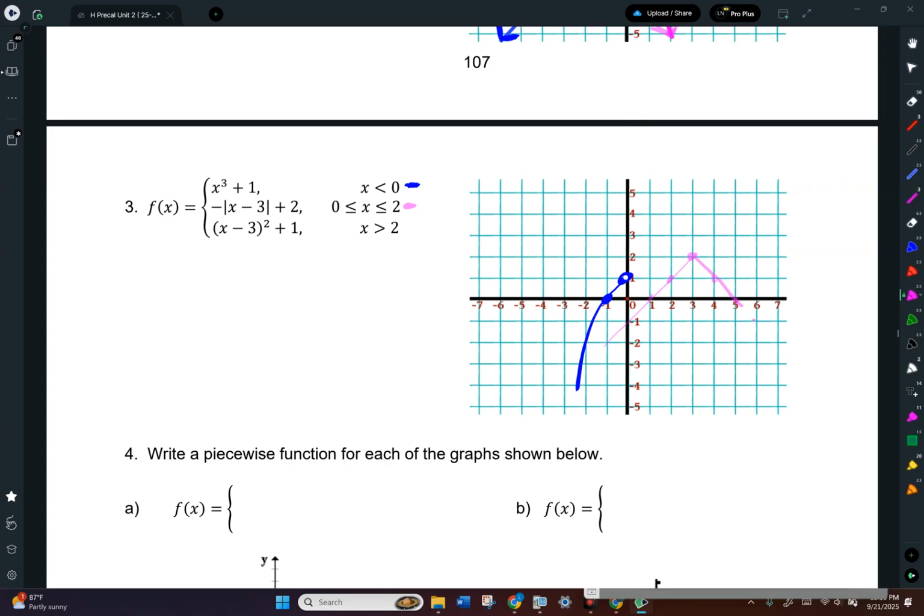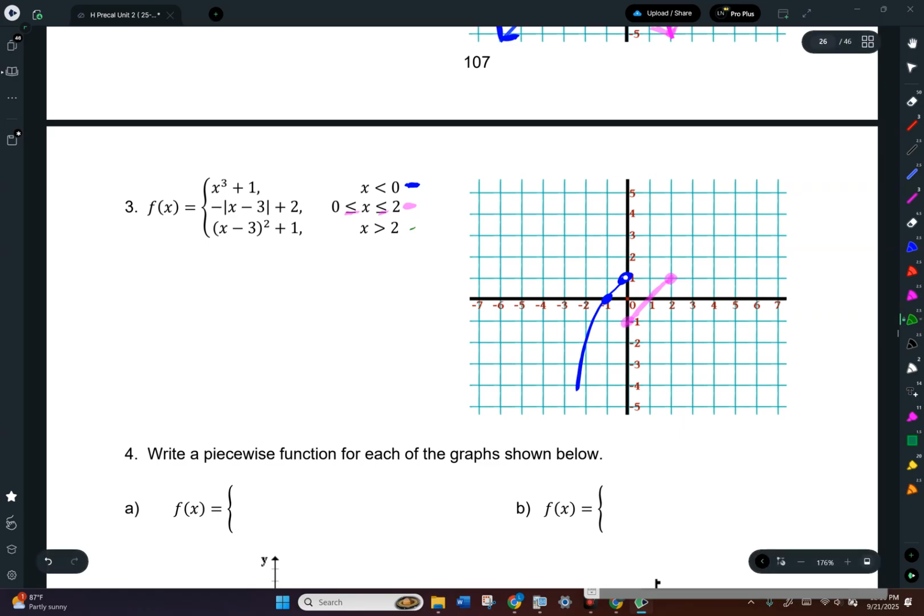But I only want the part where x is between 0 and 2. Here's where x is 0. Here's where x is 2. So the only part of that absolute value graph I want is the part between 0 and 2. So it really just looks like a line. I'll get rid of all of the other stuff. And do you notice both of those have an equal to? So those are both solid dots.